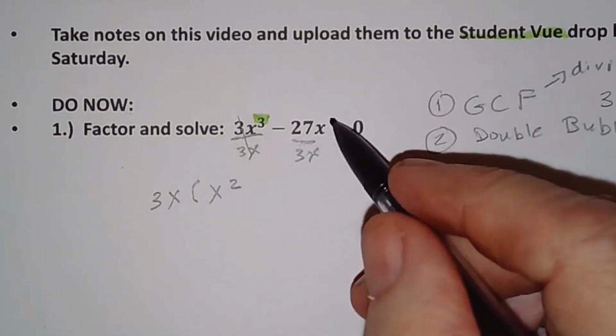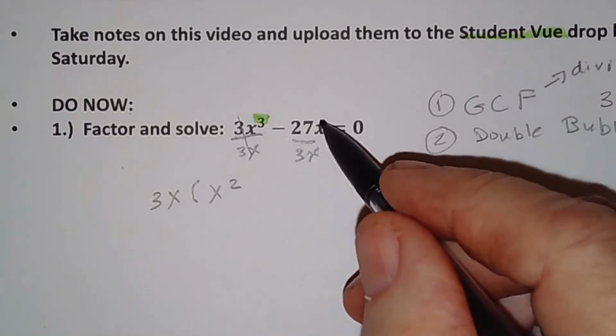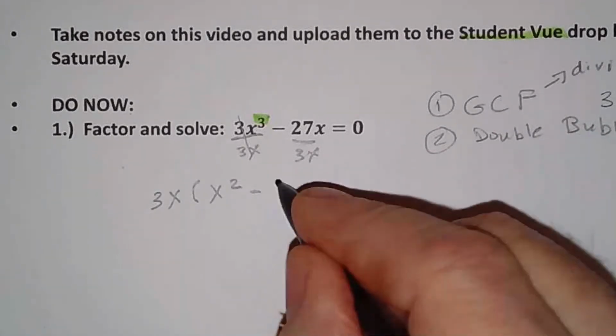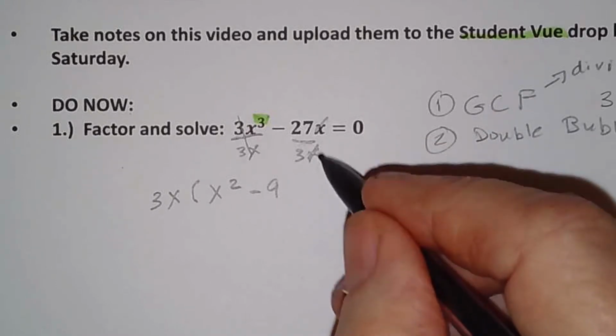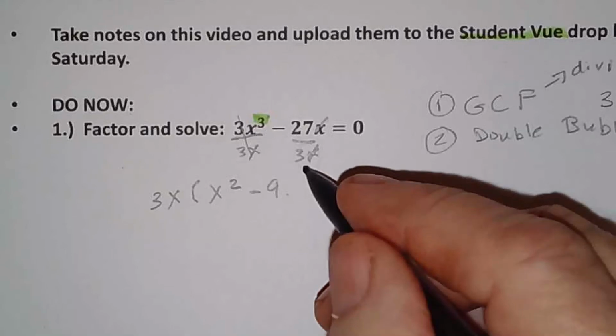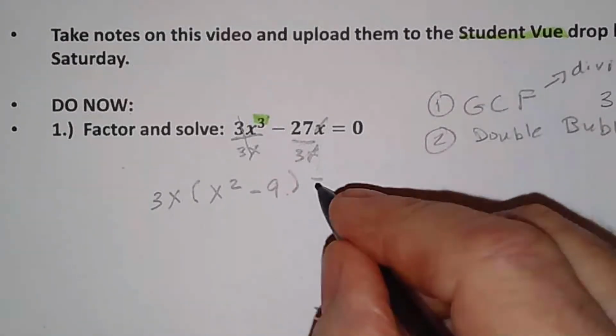And if we divide 3x out of negative 27x, well, let's see. We can get out negative 9. The x's cancel out because x over x is 1, but negative 27 divided by 3 is negative 9. And so that's how we set this up. Now, this is equal to 0.